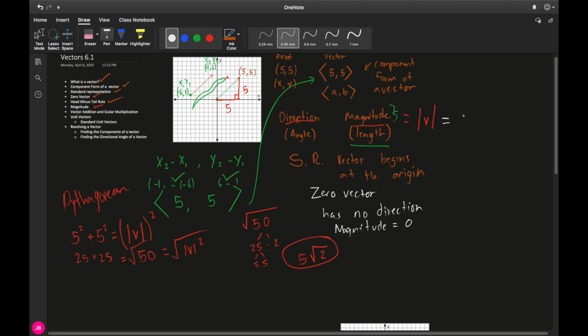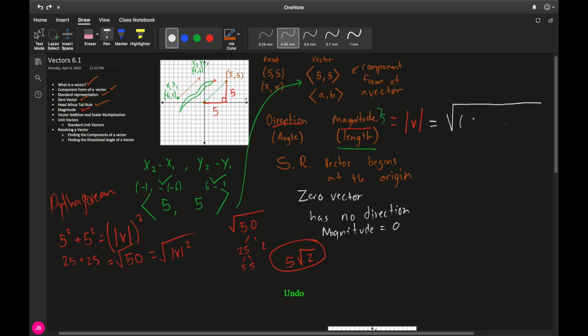Magnitude is equal to the square root of x2 minus x1 squared plus y2 minus y1 squared. And I want you guys to notice something, that this is actually your Pythagorean theorem, but in a single equation. So there's no steps in this, it's just everything is laid out in the equation for you.